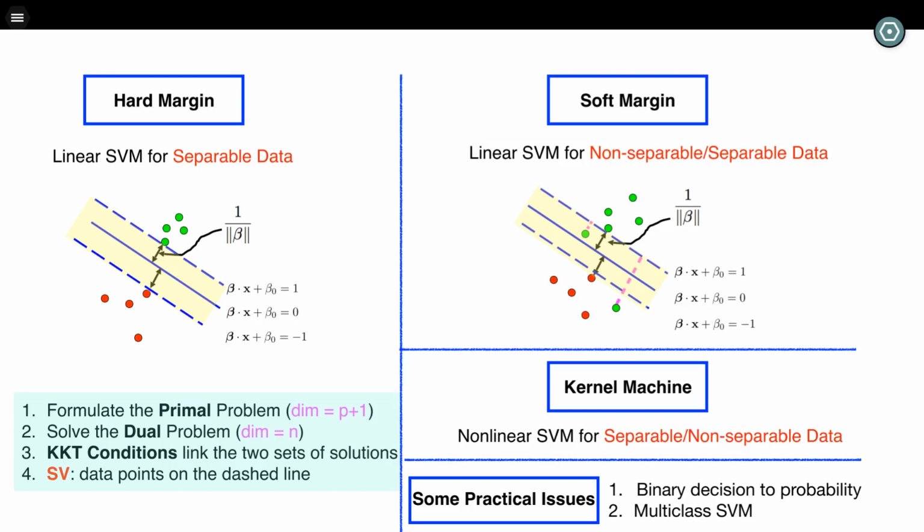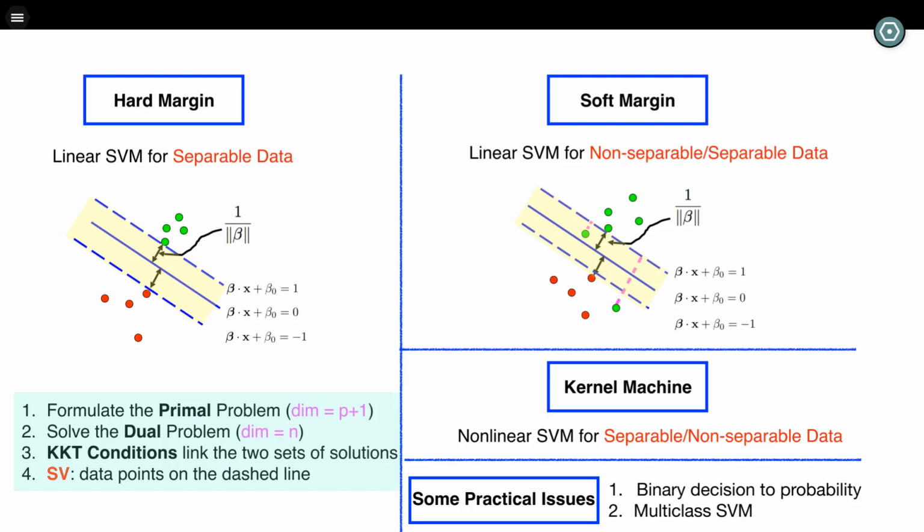If you're on the green side of the solid blue line, even though you might be in the avenue, so suppose we have a data point here, we're going to classify that data point as green. If you are below the solid line, you classify as red. So although we formulate the problem with the dashed lines, the final decision making is based on that solid blue line. The decision is only one line.